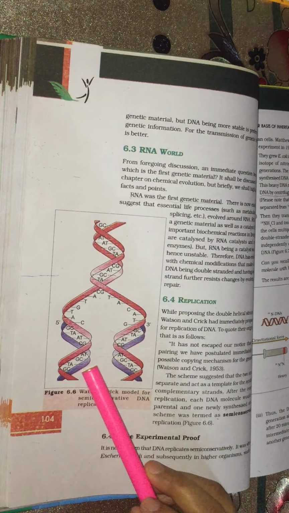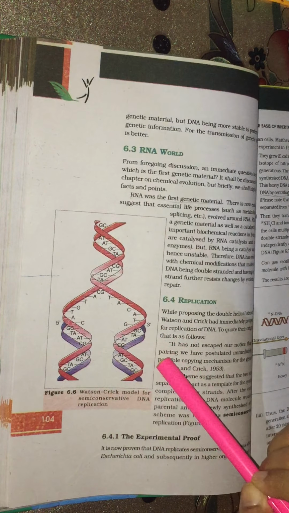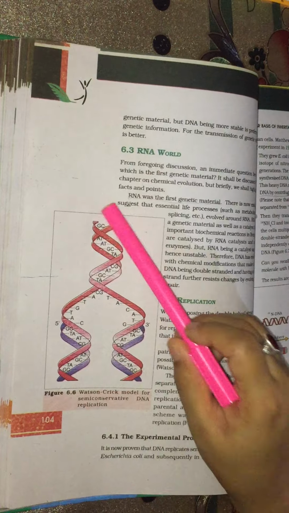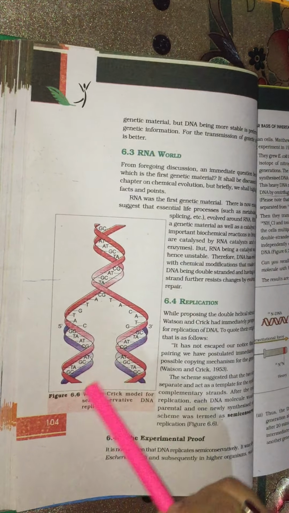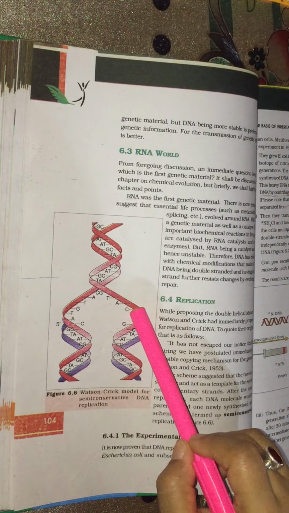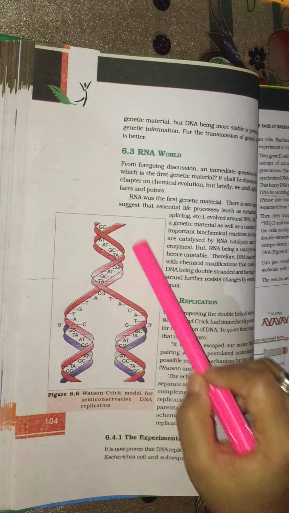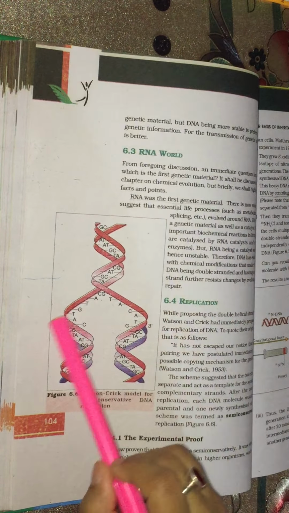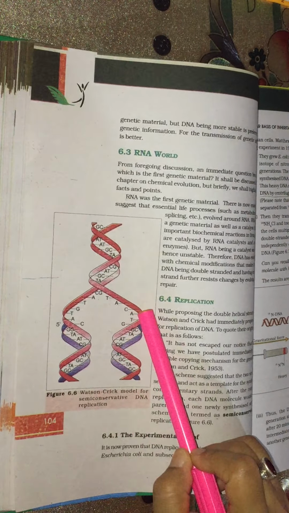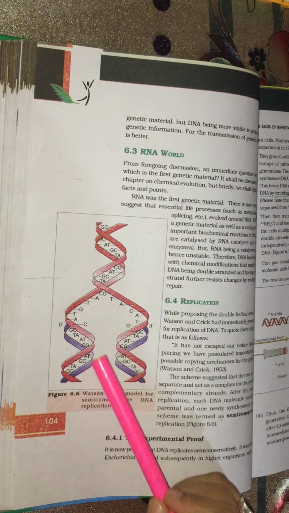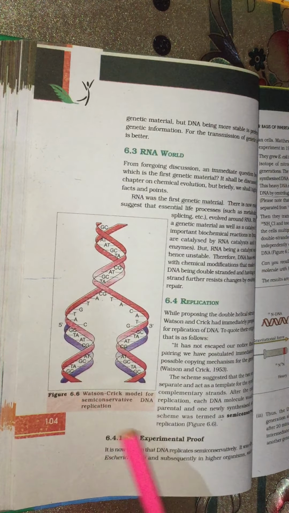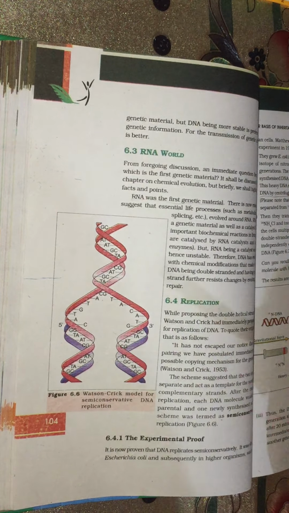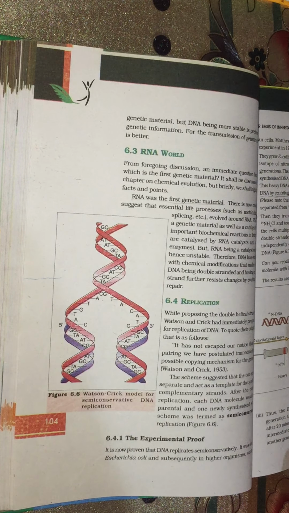This way DNA replication is semi-conservative, because when one single DNA forms two DNA after replication, in each DNA one strand will be parental and one will be the newly synthesized strand. That's why replication is semi-conservative in nature.